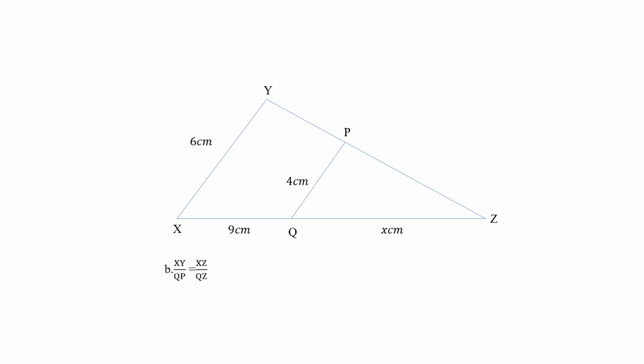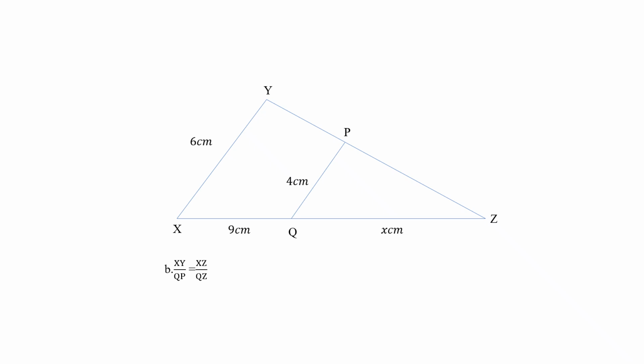In this case, XY is similar to QP, and XZ is similar to QZ, which means that this is the length of the bigger side and it is similar to the length of the smaller triangle. So you have to use the ratio.